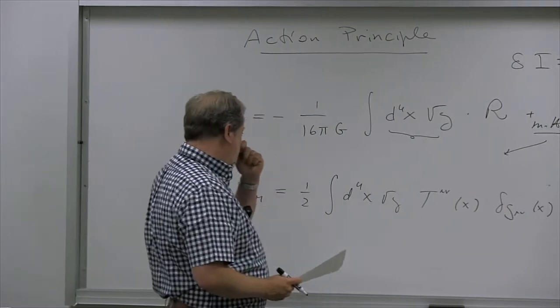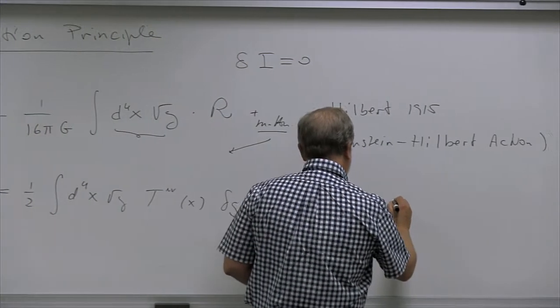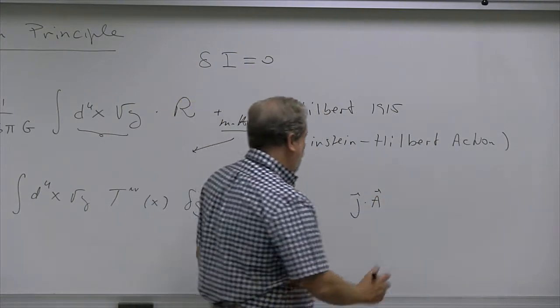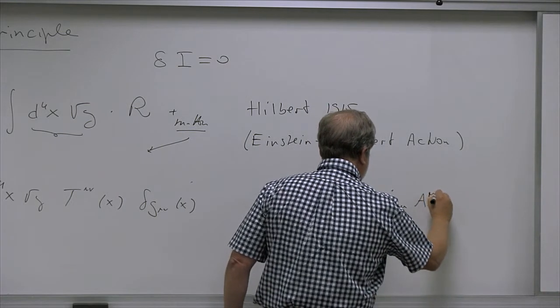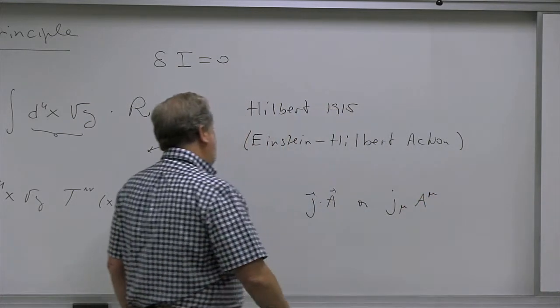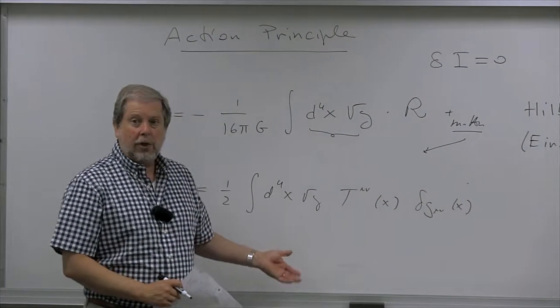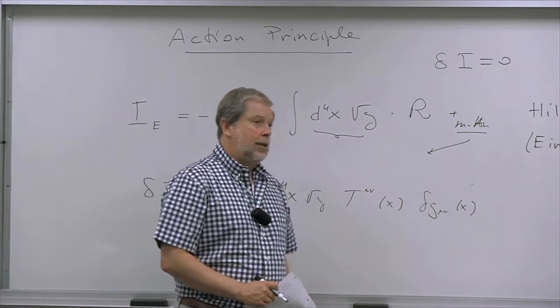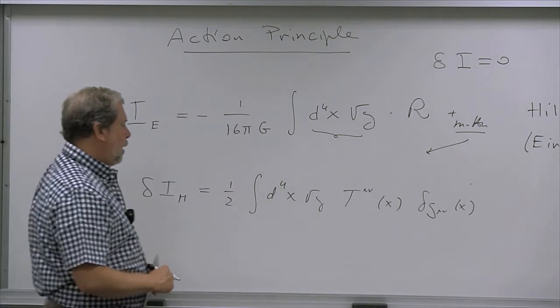And that is similar, of course, to the interaction terms we have in electrodynamics, because remember, in electrodynamics you have things like J dot A, or in a 4-dimensional notation, J mu A mu. So this is quite similar, because the analog of the J is the T mu nu, and the analog of the field is the g mu nu. The variation of this is what defines the energy momentum tensor.